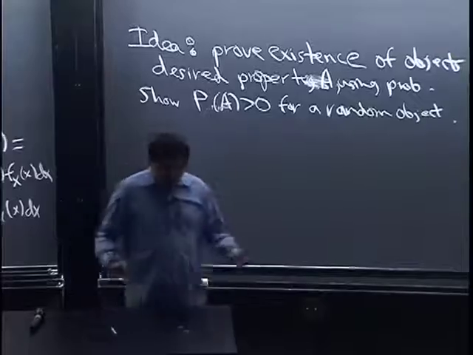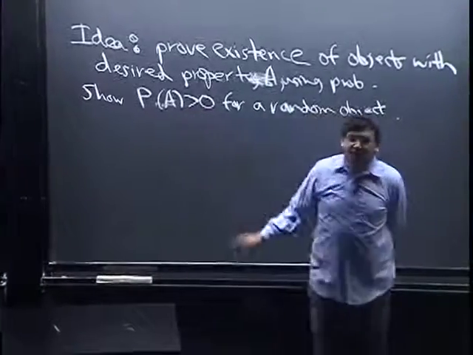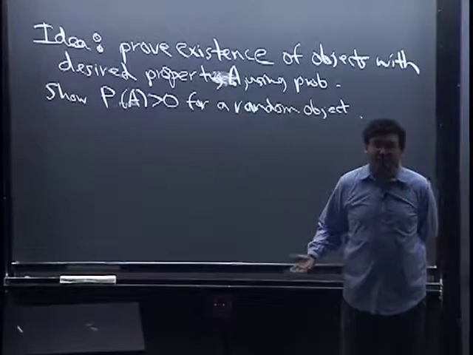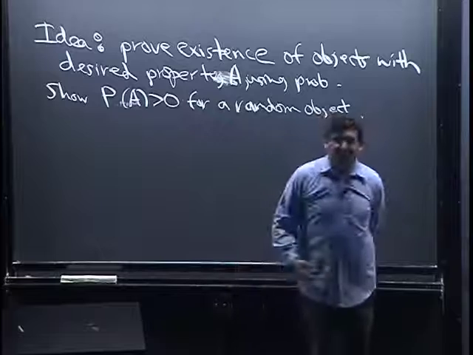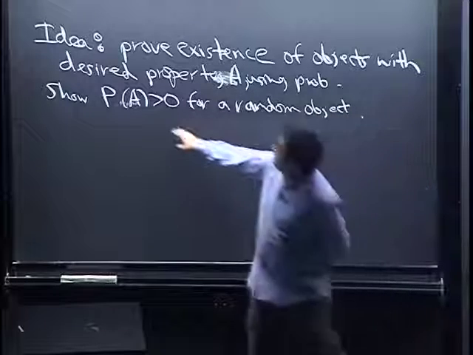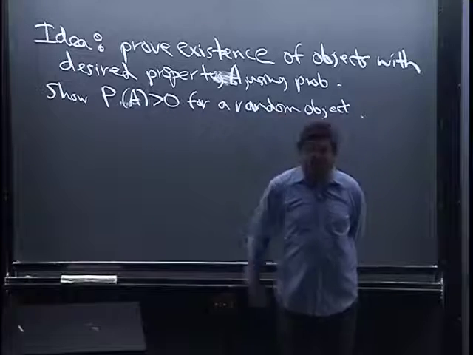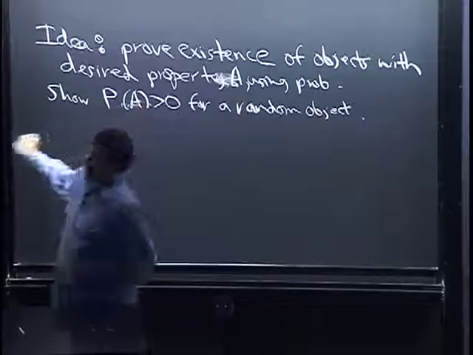Is it clear that if the probability is non-zero, then there must exist one? Of course. If it didn't exist, the probability would be 0. So if the probability is positive, it must exist. If we can show this, we've shown that it exists. I don't need to write a proof for that.